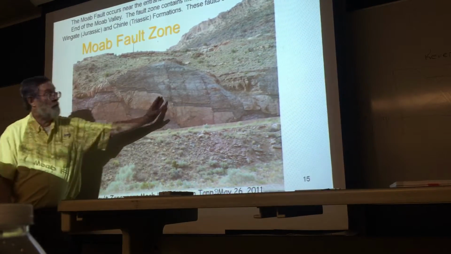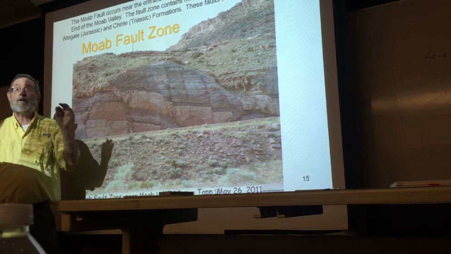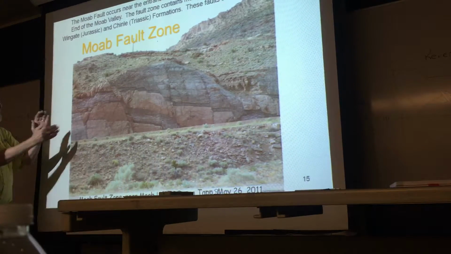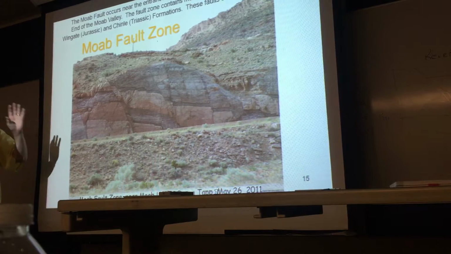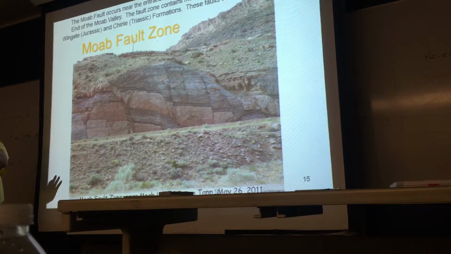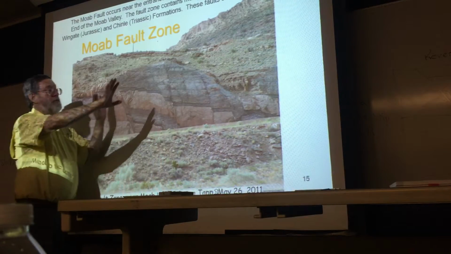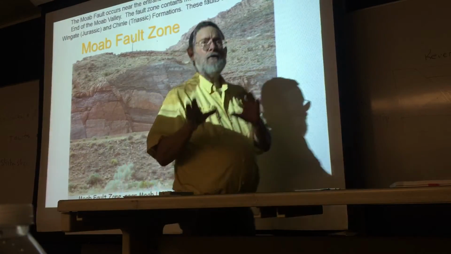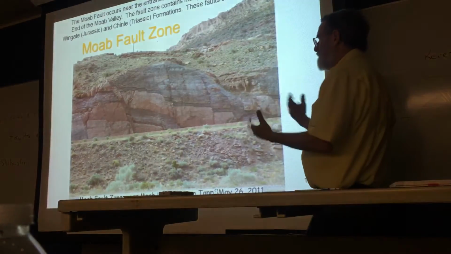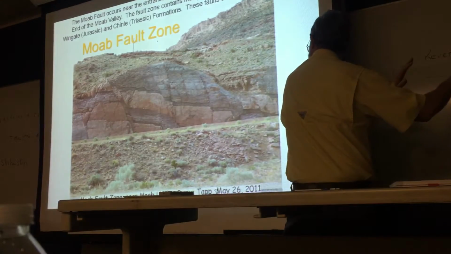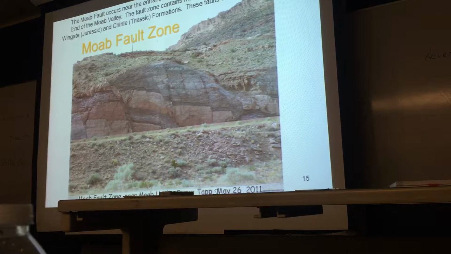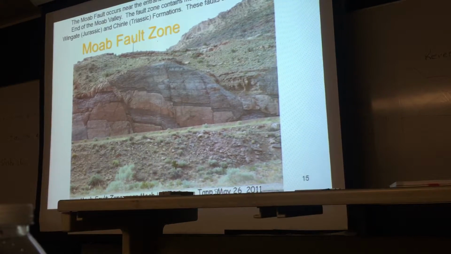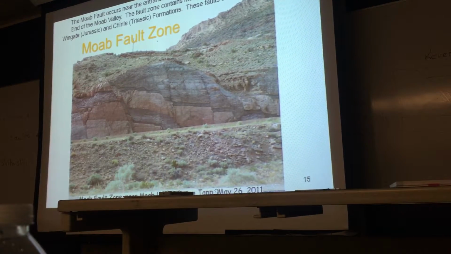The hanging walls are moving down relative to the foot walls. Even over here, the hanging walls are moving down relative to the foot walls. So a beautiful example of relatively small scale normal offsets associated with a much larger fault that is just off to our right here. A beautiful example of normal faults in this particular system.